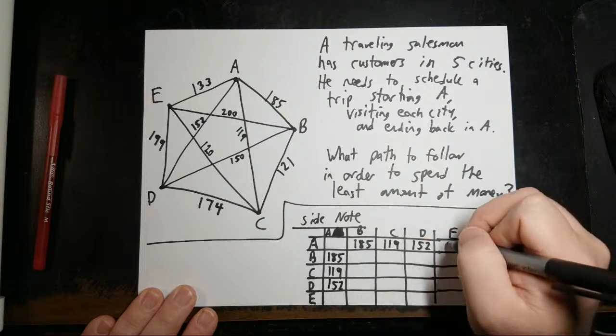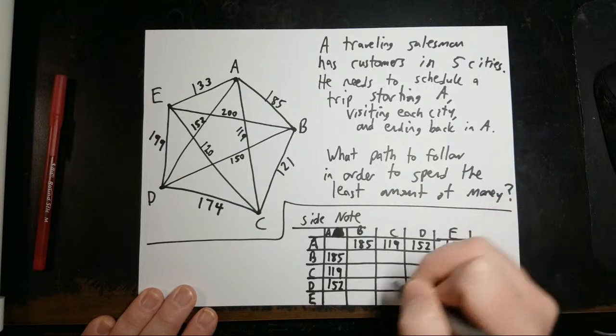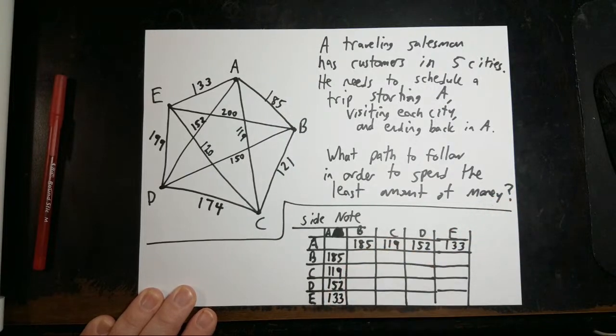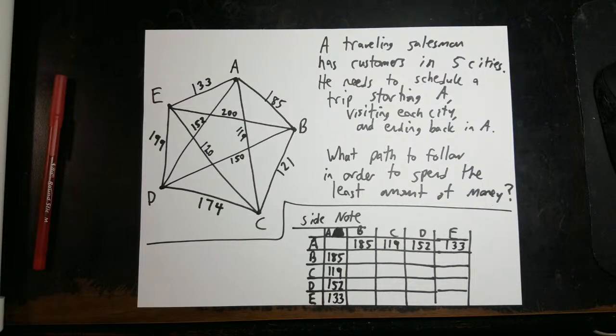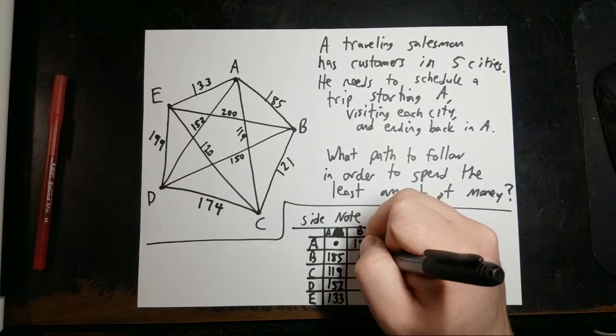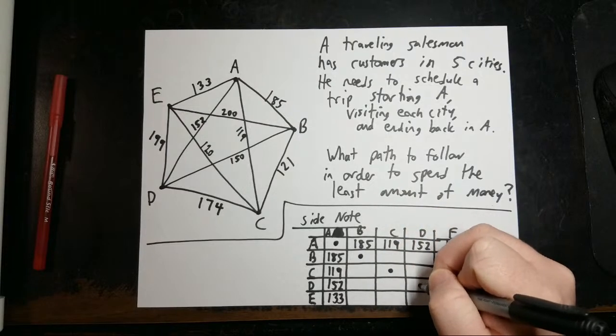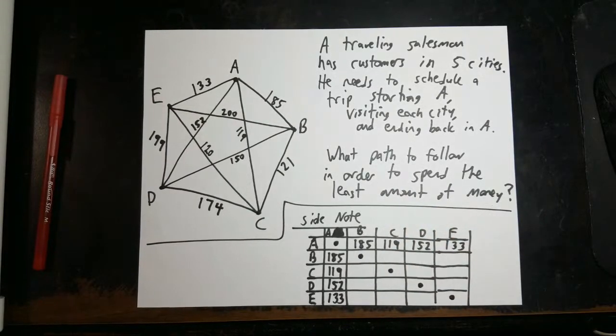And A to E is $133. Again, this will come into play. A to A, there is nothing between A and A. I'm just going to put a little dot there, or a dash, or a slash, or whatever. You want to put an X there, then by all means, you can put whatever you want, a star. Down the diagonal of this table, obviously that happens. But then you can continue.